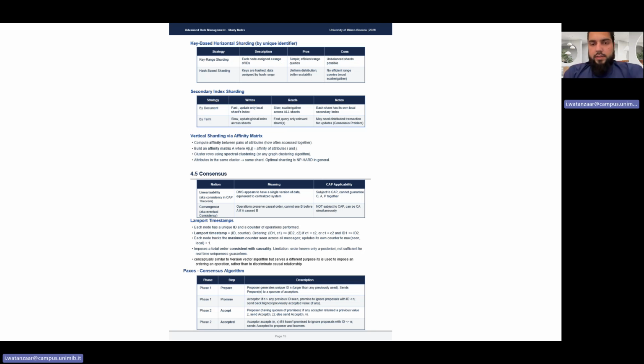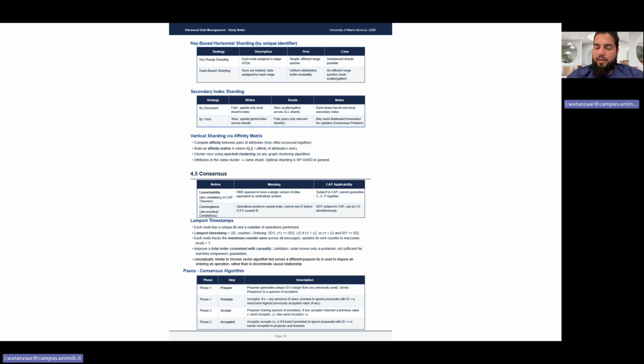So in all of these cases which we have discussed, we need all nodes to agree on something, especially in distributed data management. This is one of the most important concepts in distributed data management systems.